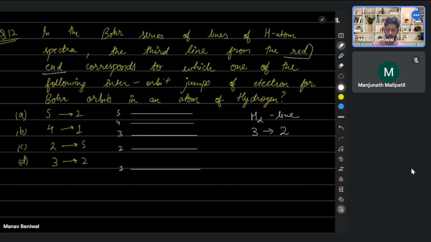So this is the first line in the Balmer series, which is the visible region of the hydrogen spectrum. This is your first transition, 3 to 2, and it gives you the red line.